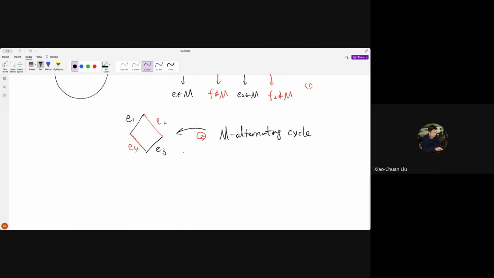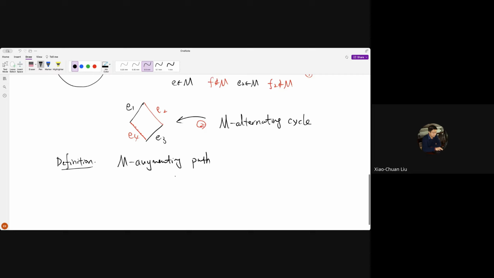So there is another further definition, something called an M augmenting path. You try to understand this definition, and you will see why we define this thing.